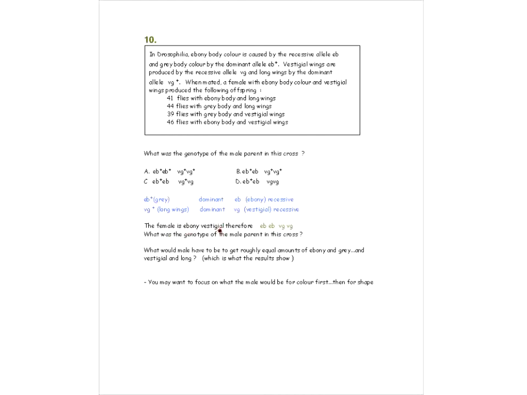We're told the female is ebony and vestigial, both recessive traits, so that's what the female's genes look like. To figure out the genotype of the male, you always need to look at what the kids are. We're given all these results, and we need to use those results to help us figure out what's going on.